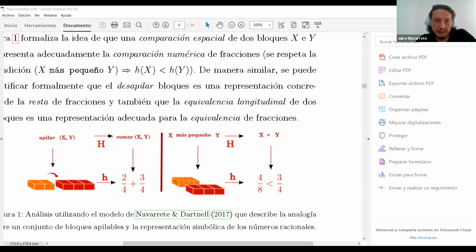So for example, you could make this operation in concrete objects, like you put together two of those bars, and you get the sum of fractions, something like this. This could be an analogy that you make to try to integrate the concrete object manipulation with the symbolic representation of fractions.